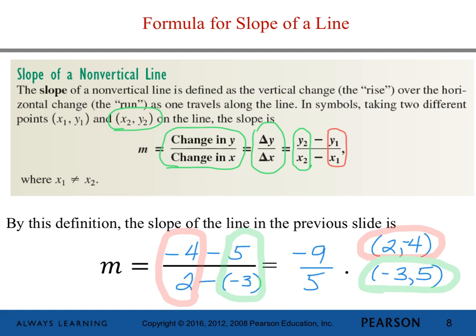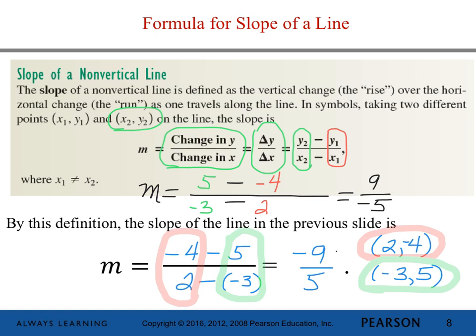Now, it would have been equally correct, just so that you're aware, to have begun with (-3, 5) and had the second ordered pair be (2, -4), because we would have wound up in that case with 5 minus negative 4 is positive 9, over negative 3 minus 2 is negative 5.